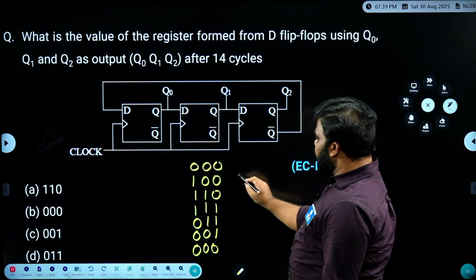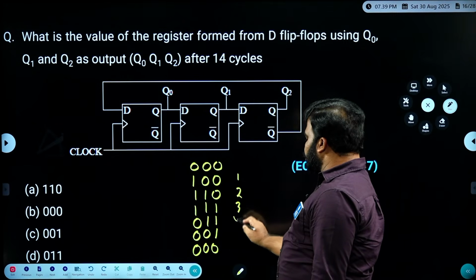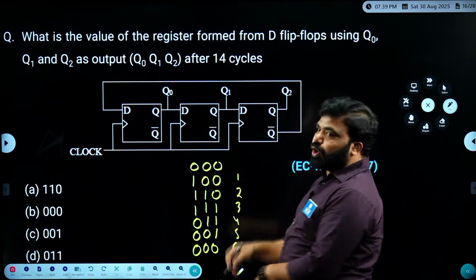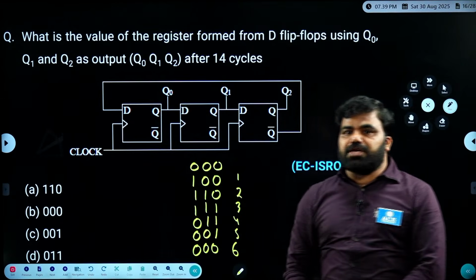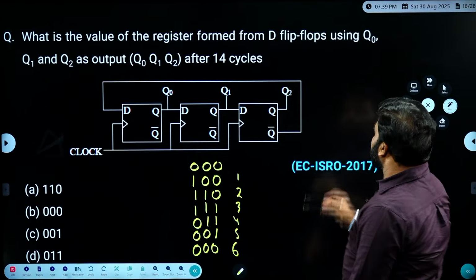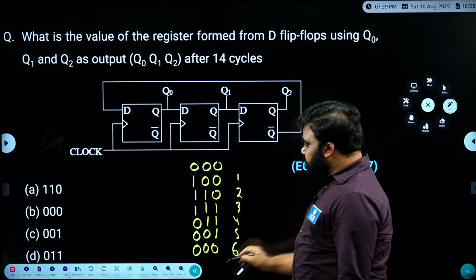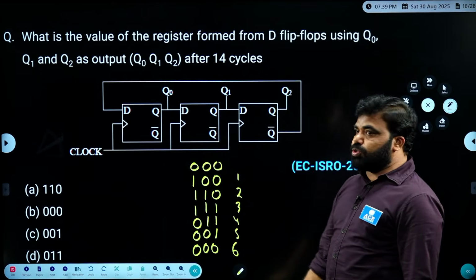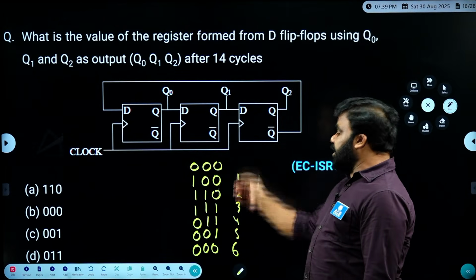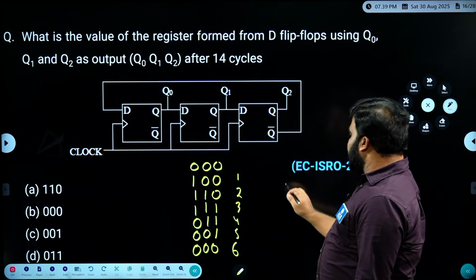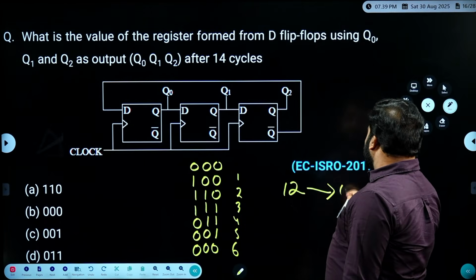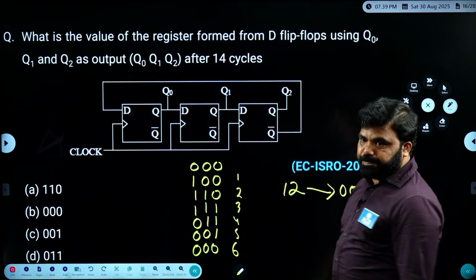So finally, 1, 2, 3, 4, 5, 6. After 6 clock cycles, it is again back to the initial state 0, 0, 0. If 14 clock cycles are given, after 6 clock cycles it is back to 0, 0, 0, and after 6 more clock cycles, again 0, 0, 0. That means after 12 clock cycles it is going to be 0, 0, 0.